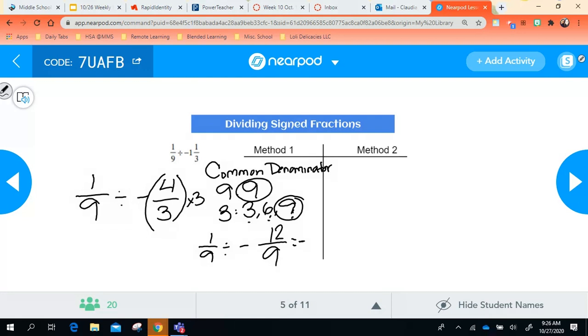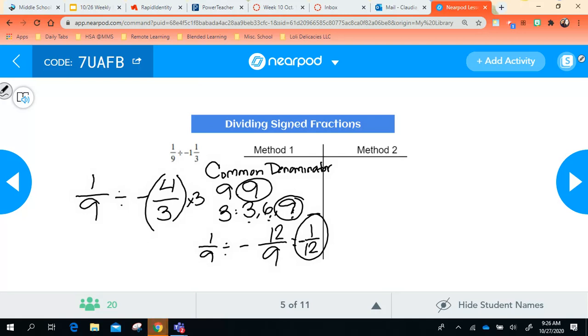Then 1 divided by 12, you can either write it as a decimal or you can write it as a fraction. Remember, 1 over 12 is another way to write that kind of division problem. So my answer is negative 1 over 12.